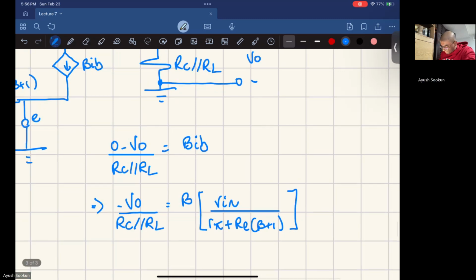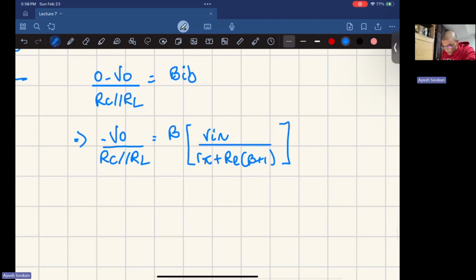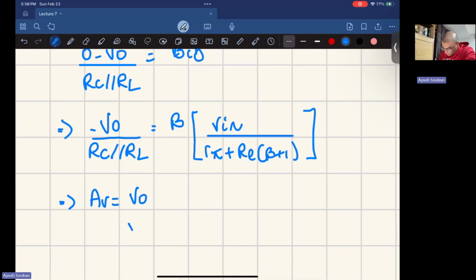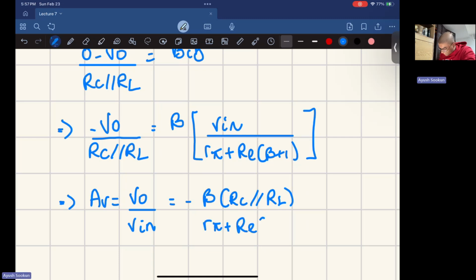Okay, now I just need to find V out over Vn. And so AV, which is my voltage gain, is V out over Vn. You do the necessary algebra, and you will find that it's equal to minus beta times (RC parallel with RL), divided by R pi plus Re times (beta plus 1). So this is going to be your voltage gain expression.